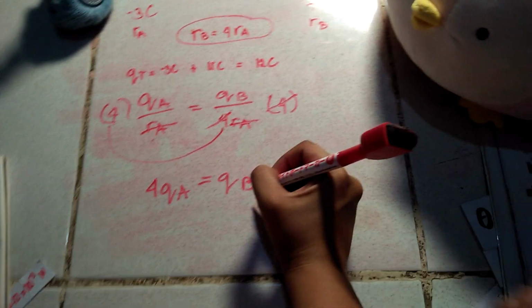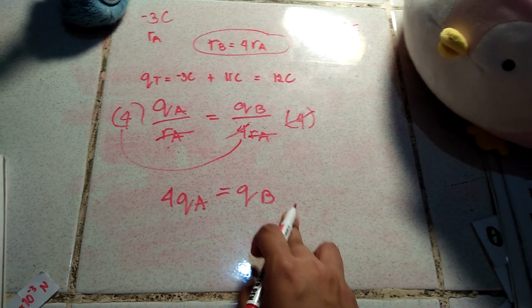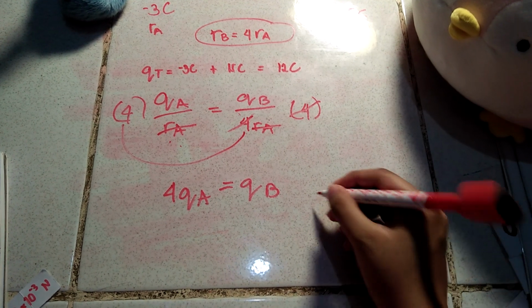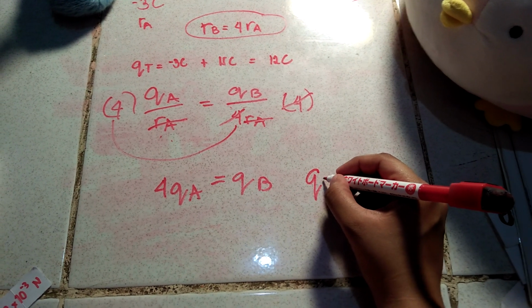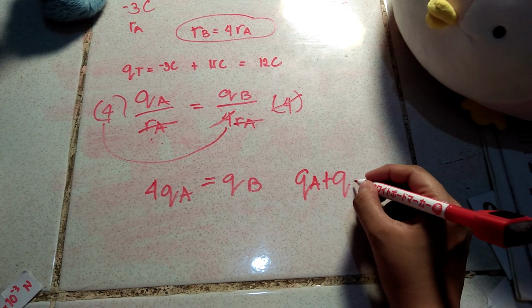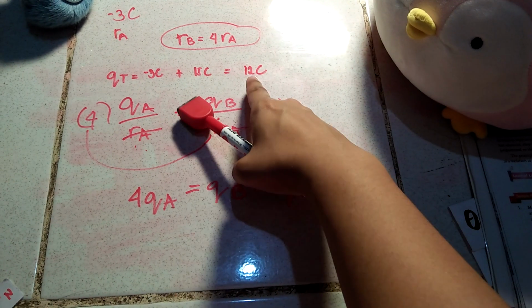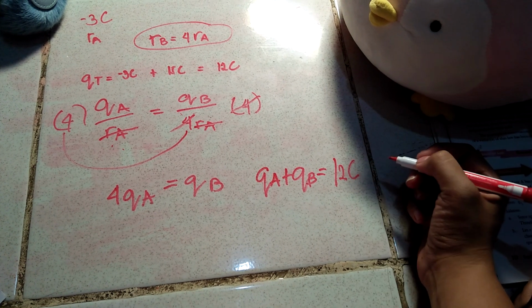Wow, okay, conservation. So, after that we're going to plug this into the conservation rule. The total charge will always remain the same. So, our new charge for QA and our new charge for QB would still equate to 12 coulombs.